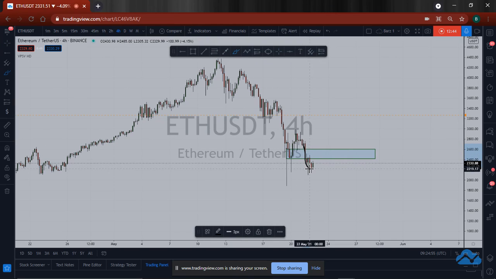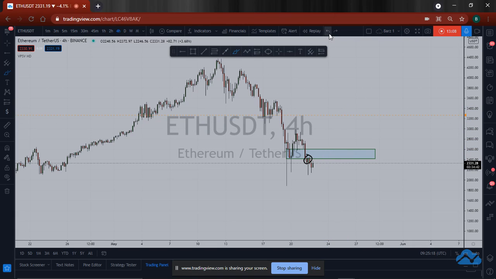So we could see price come back for a retest of this liquidity and continue back to the downside. So we have a liquidity here, right? So we could see price come back for a retest and continue back to the downside, or we could see price break to the upside, come back to retest here, and then give us a nice bullish trading opportunity.